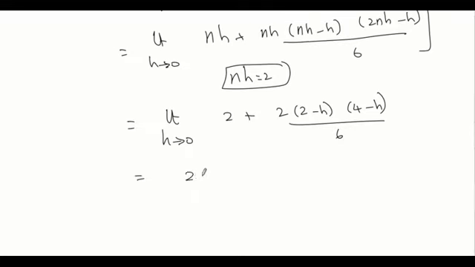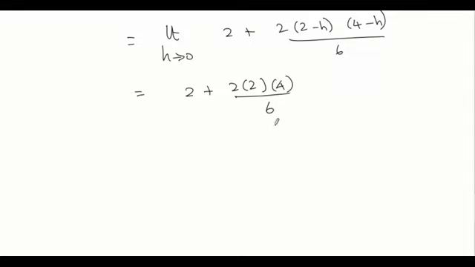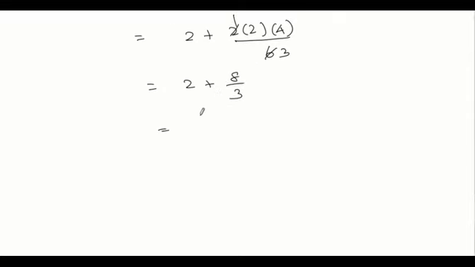Now what will you get? 2 plus 2 into 2 minus 0, then 4 minus 0 divided by 6. 2 plus 2 into 2, 4, 6. Now it is actually 1, 2, 2, 4, 3. So therefore you are getting 2 plus 8 by 3. So 2 3s are 6, 6 plus 8, 14 by 3 square units.